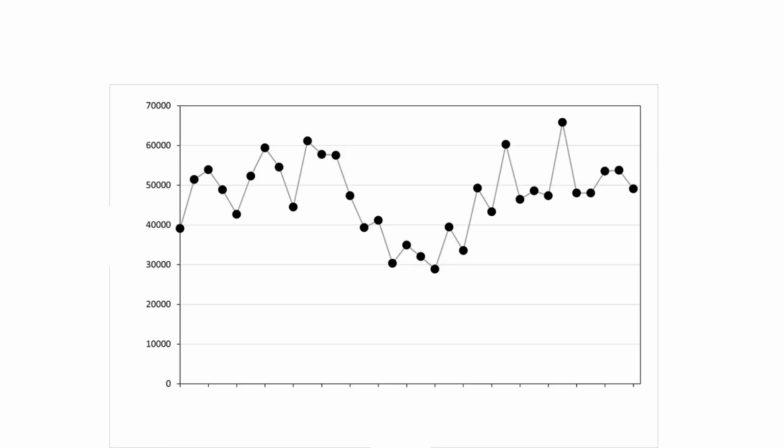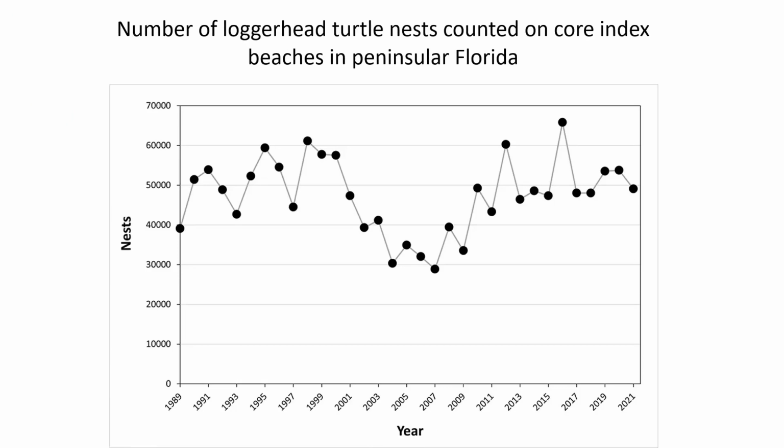Having a graph of data related to the topic can help engage students in the topic or theme of the lesson when using progressive analysis as the opener, startup, or bell ringer for your class.